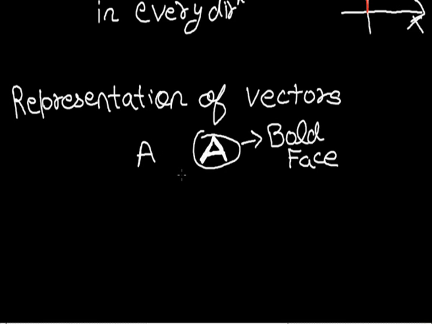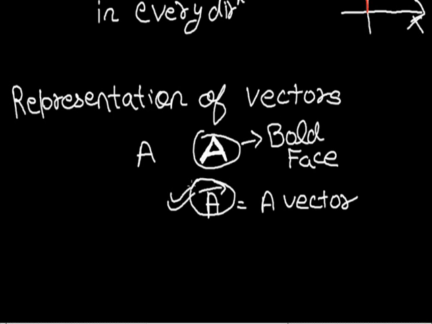It is represented by an arrowhead. This means a vector. Okay. Both are the correct representation of vectors, but generally this arrowhead is used to represent a vector.